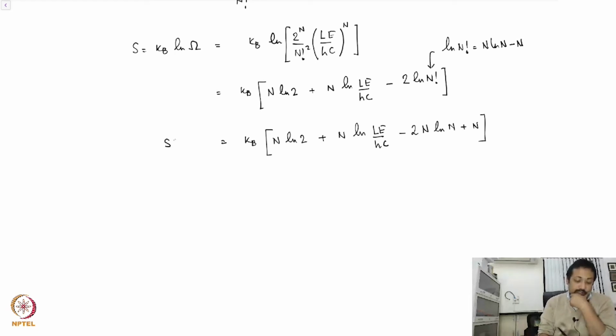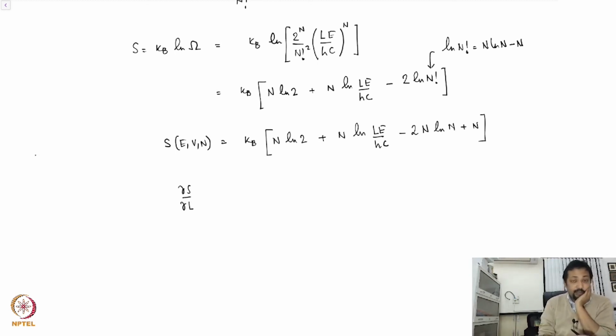So this is the fundamental relation that we have been trying to emphasize in thermodynamics. So the pressure here is now replaced by del S del L. That should be the pressure.